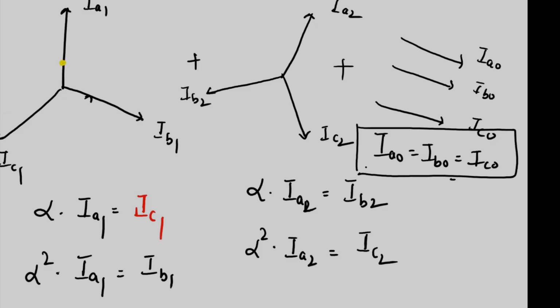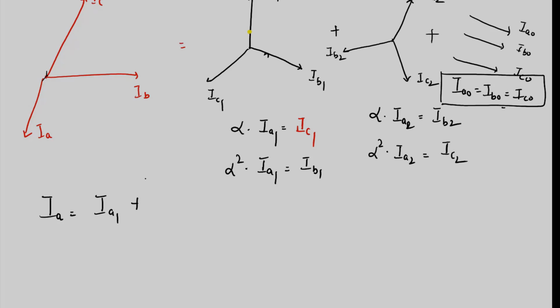So how we can write? We know that the unbalanced current IA is equals to the vector sum of IA naught plus IA1 plus IA2.